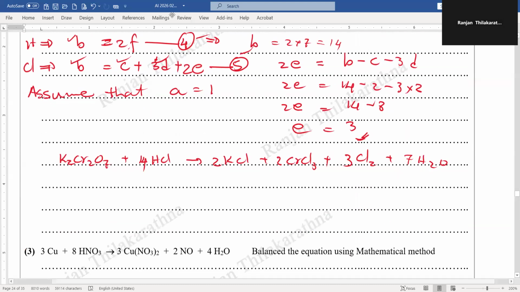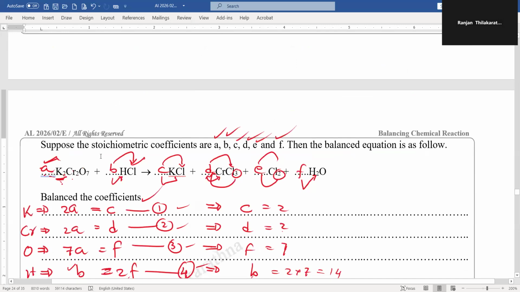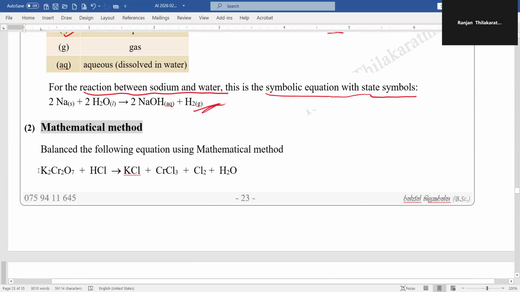And this is called the mathematical method. Any hard equation can be balanced by using this easy method. I'll brief it again. In the mathematical method, this is the raw equation, that means without any coefficient, not balanced.